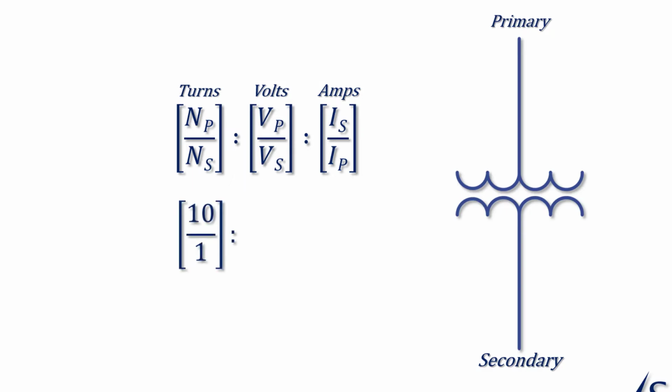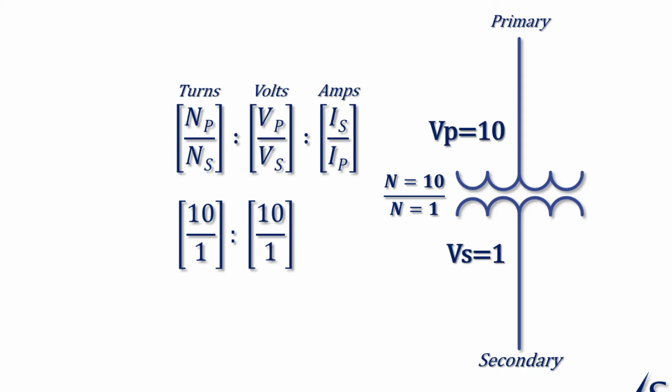So if there are 10 turns to every 1 on the transformer, meaning that there are 10 turns on the primary, there's 1 turn on the secondary, then when you apply voltage to it, for every 10 volts on the primary, there'll be 1 volt on the secondary, okay? 10 volts on the primary, 1 volt on the secondary. Now the inverse is true for current. For every 1 amp on the primary, there will be 10 amps on the secondary.